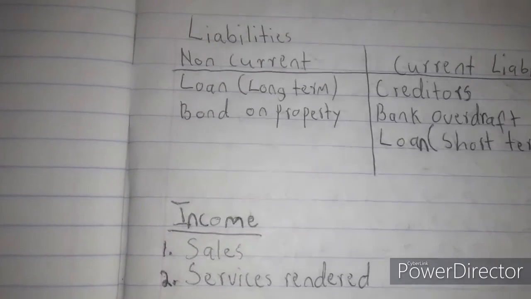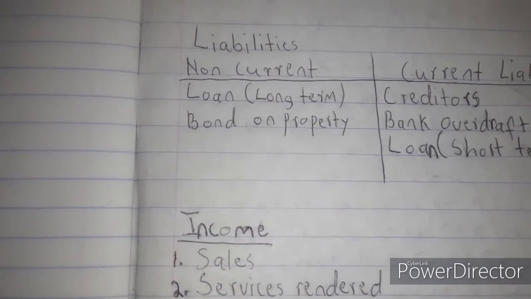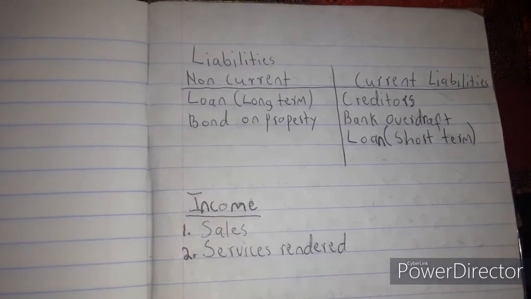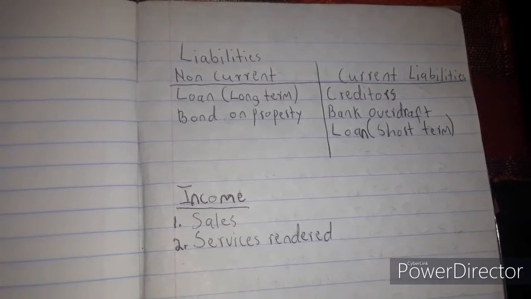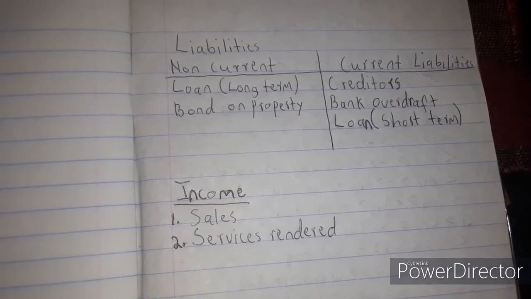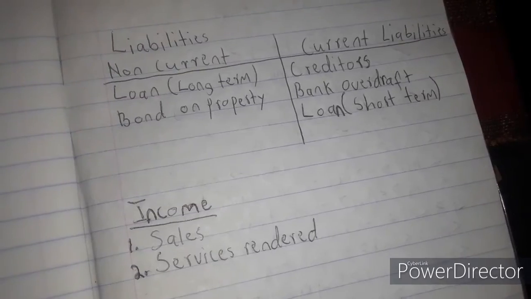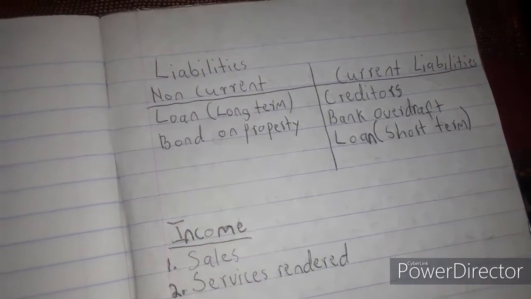There are two types of businesses, the sales business and the services business. So services rendered is the amount that is received for providing a service. Then sales is the amount of money that the business receives for selling goods. Goods are tangible, but services are intangible.